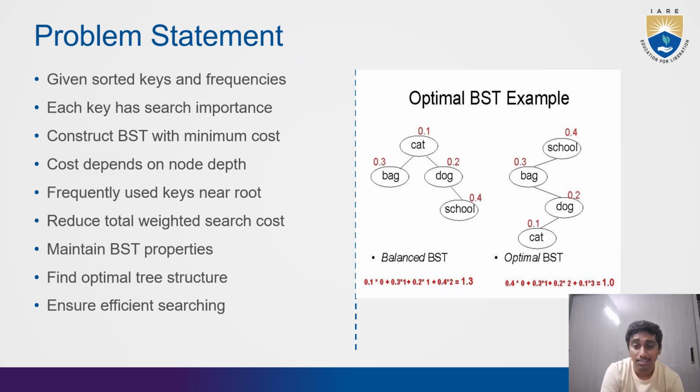As you can see, there are two examples given, where one is a balanced BST and another one is optimal BST, where the balanced BST gives an output of 1.3, whereas the optimal BST gives the shortest path of 1 point.